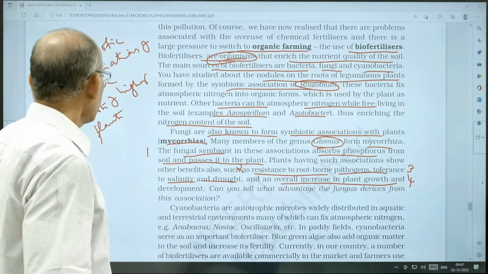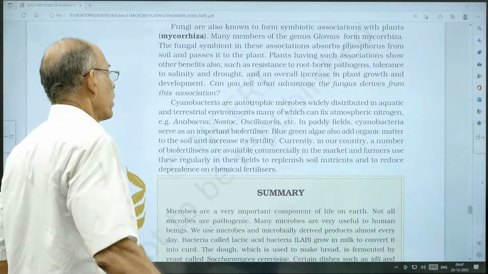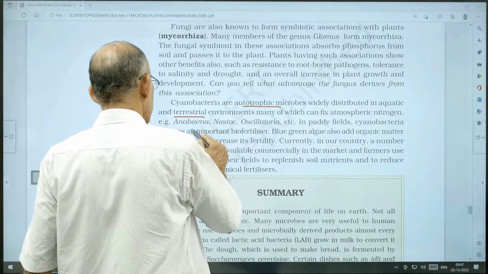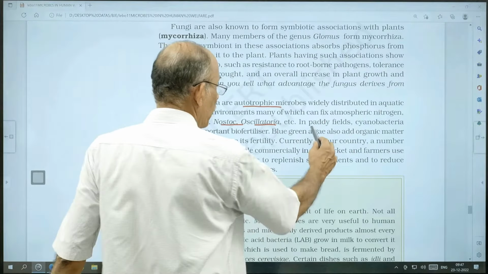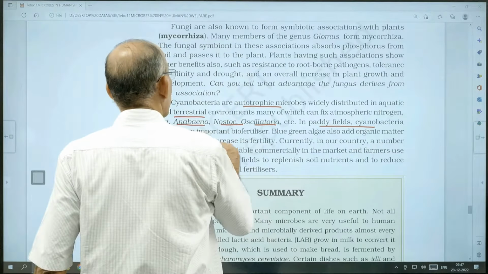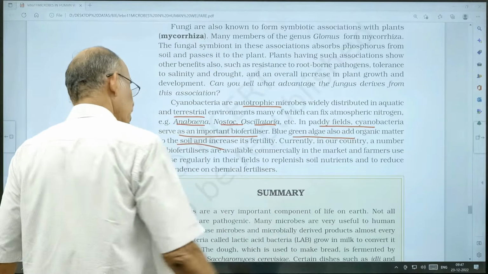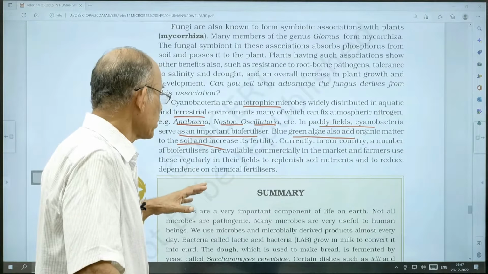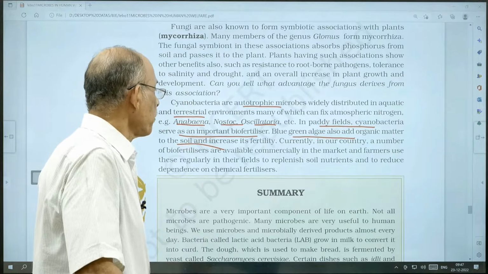Okay. Another thing is cyanobacteria. Cyanobacteria are autotrophic and live in aquatic conditions. Anabaena, Nostoc, and Oscillatoria in paddy fields are important biofertilizers. Blue-green algae can fix atmospheric nitrogen and add fertility to the soil, by which plant production is increased.